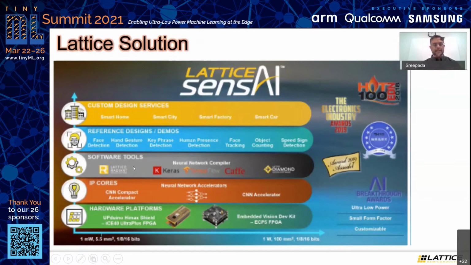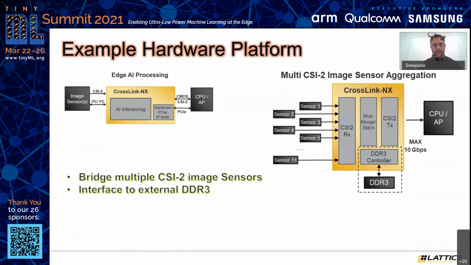On top of that, the next layer is the software tool, which provides one more layer of flexibility to implement the solution, along with the reference design toolkits that we provide. With the flexibility and the solution we provided, we won a lot of industry recognition, basically awards, for the approach that we took in the early days of ML, and even today it is very relevant.